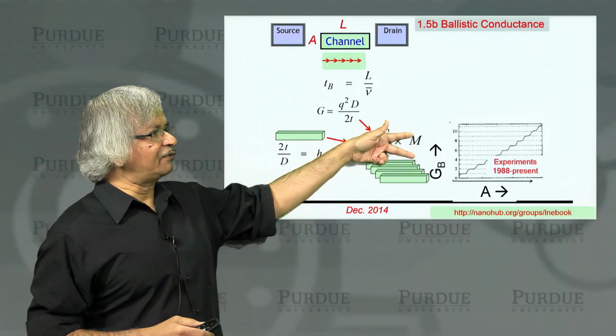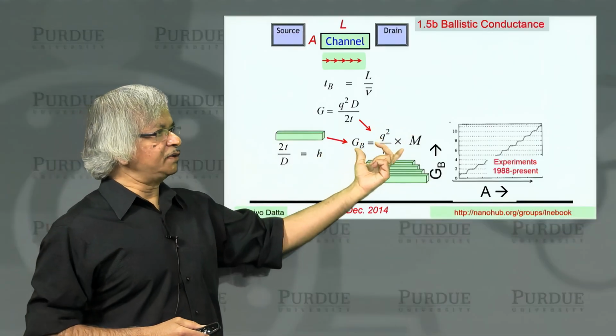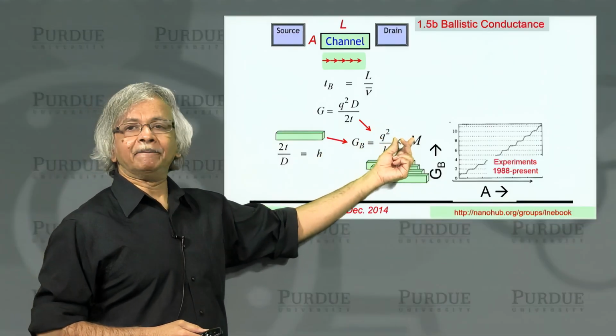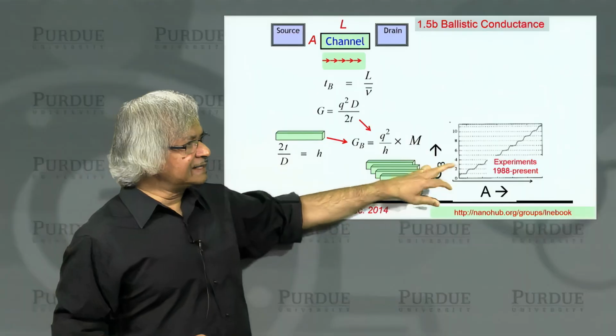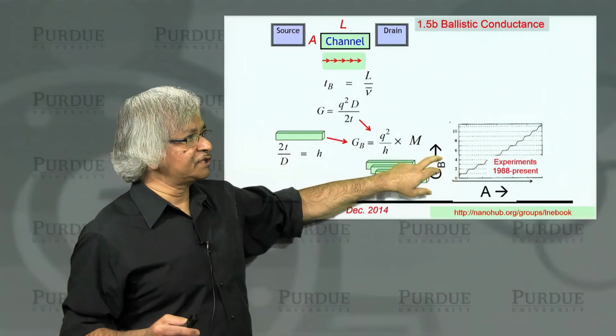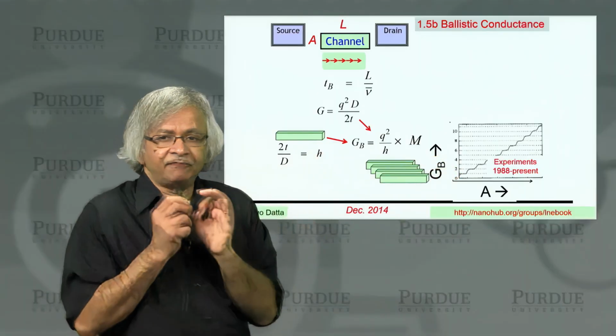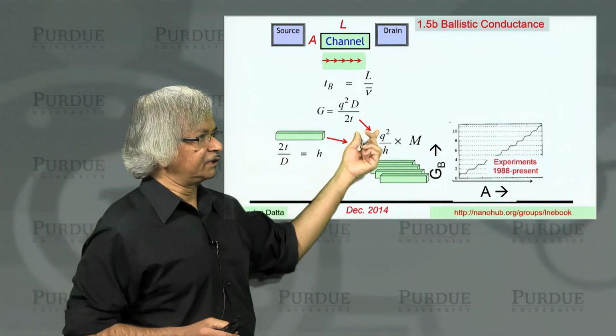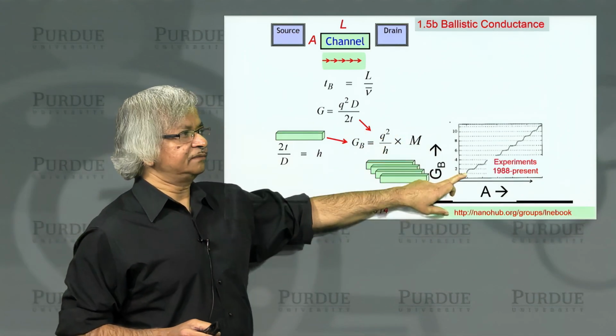So if you have M of them, the conductance would be Q squared over H times M. And that's exactly what this experiment shows. You see, it shows a ballistic conductance, which is some fundamental unit, this quantum of conductance, times an integer.